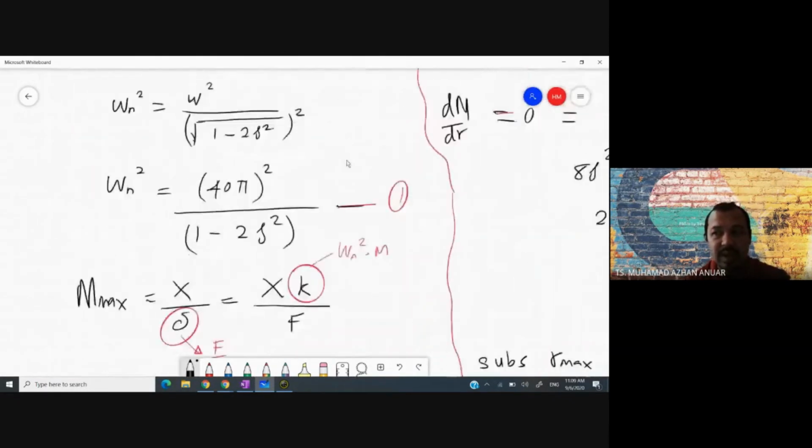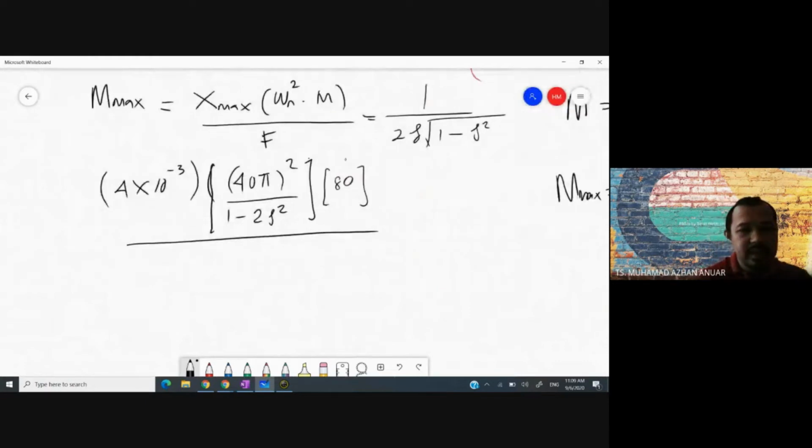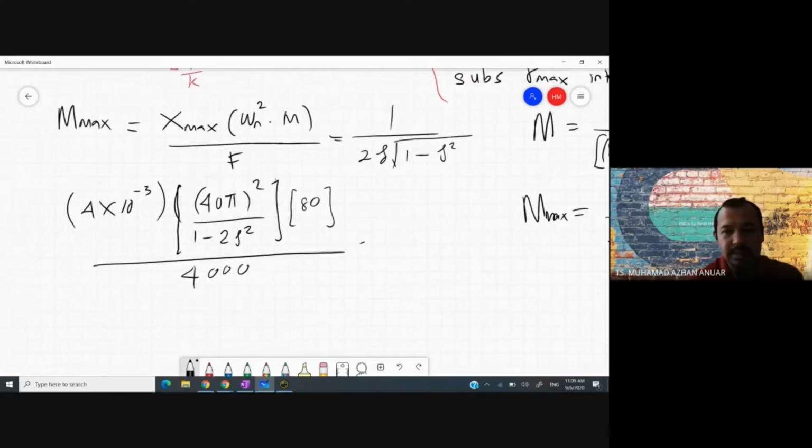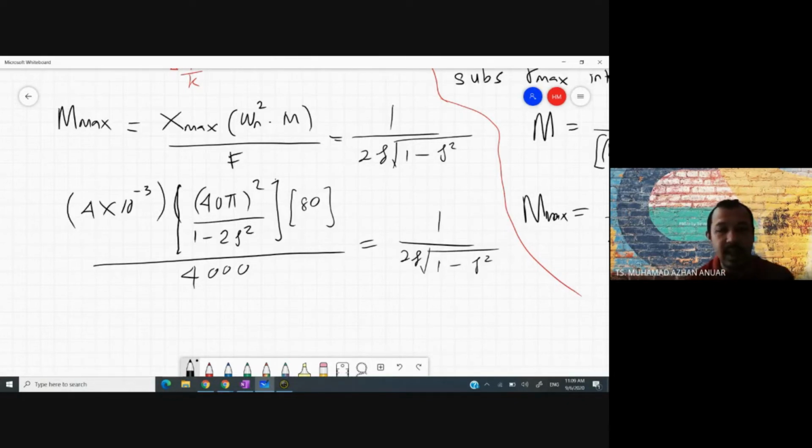So we divide by 4,000. All right, and then this is basically equal to 1 divided by, let's separate this into two parts, 2 zeta multiplied by 1 minus zeta squared. So now we have an equation with a zeta expression.